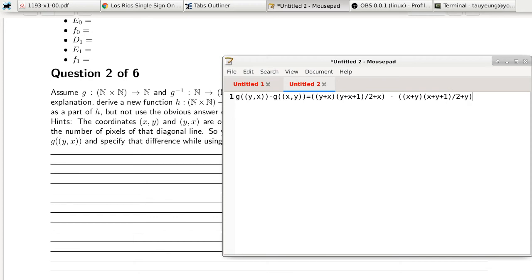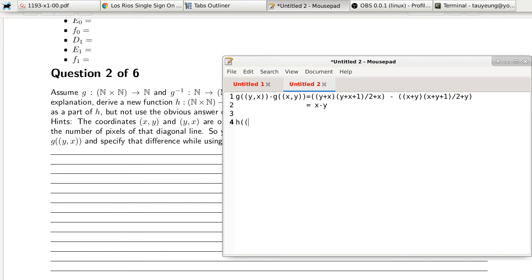Okay? So when you perform the subtraction, you can see how this term is really exactly the same as this term here, because x plus y and y plus x are exactly the same. So the actual difference is really just x minus y. So now that we know this, that means to get to g of yx from g of xy, we just have to add x minus y to g of xy.